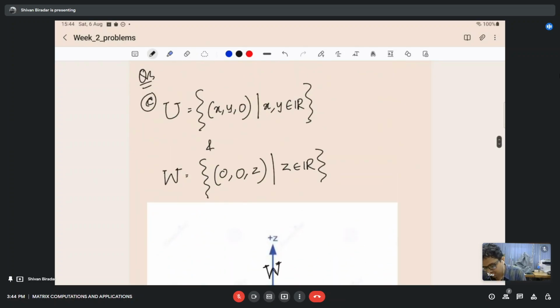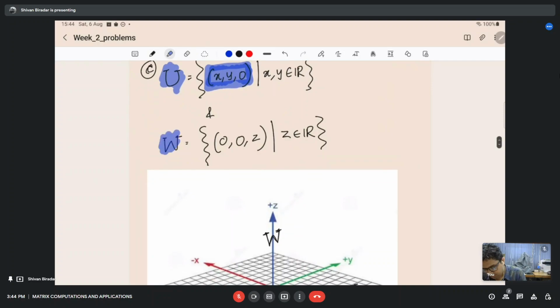So let us take another example. U is equal to x, y, 0. So U is the subspace which contains all of the vectors of this form. And W is a subspace which contains all of the vectors of this form.